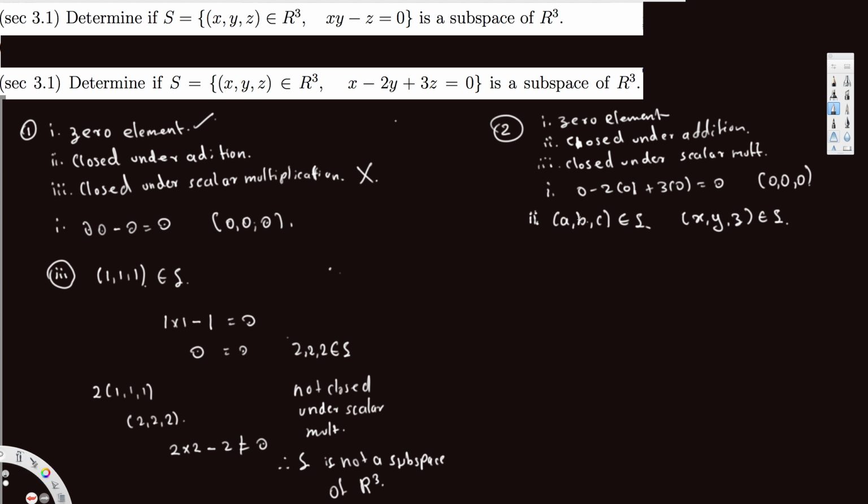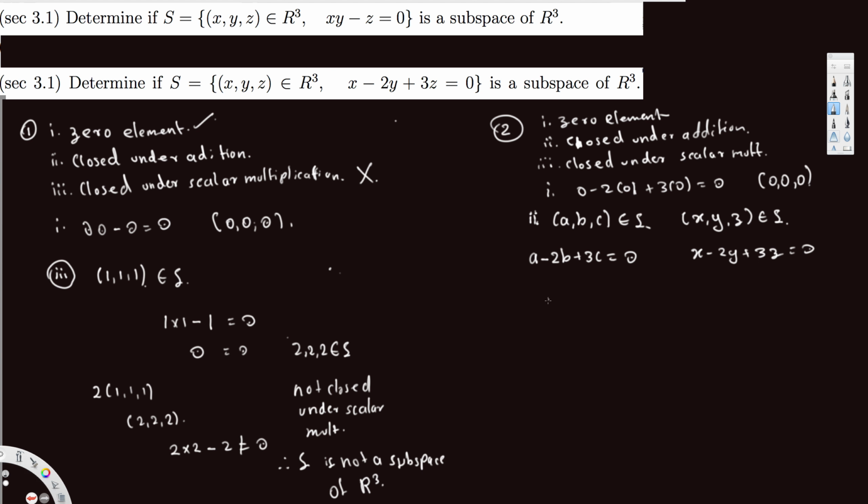What does this really mean? The first value minus 2 times the second value plus 3 times the third value should give us 0. So a minus 2b plus 3c should be equal to 0. Similarly, x minus 2y plus 3z is equal to 0.